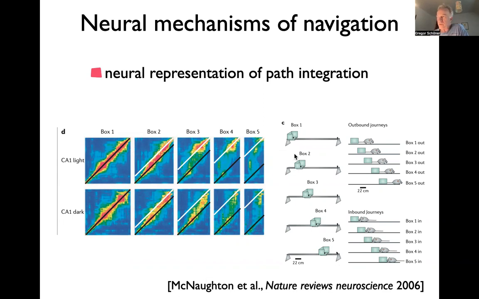So just to give you a hint at how that's done, here's an experiment where they have a rat, I think it's a rat, move along a path. Because the path is elevated, they can only move along this path, and they vary the start position. So the rat is initially in this box, and then the door is opened, and the box is at different locations along this path.